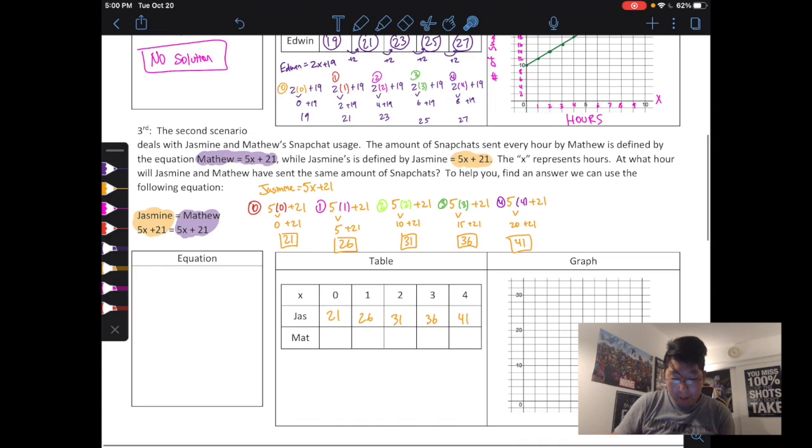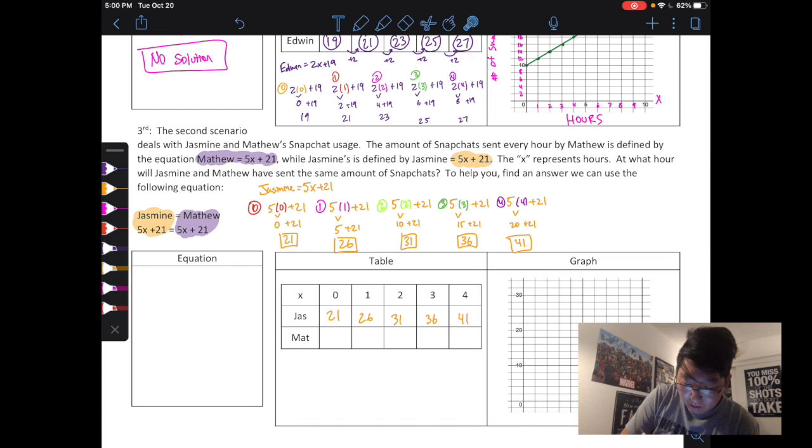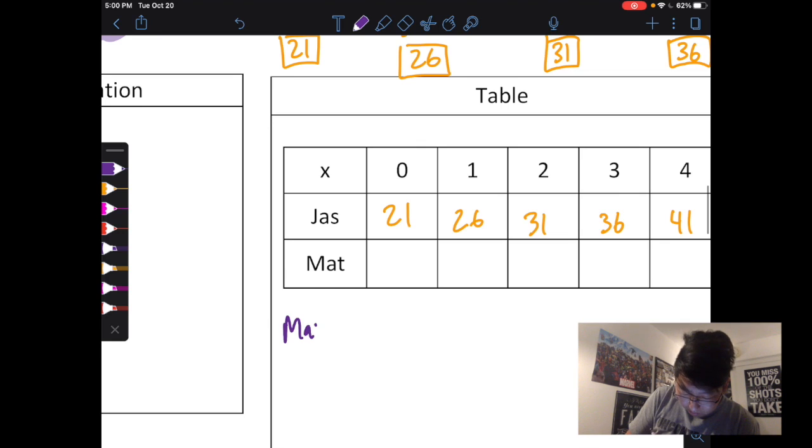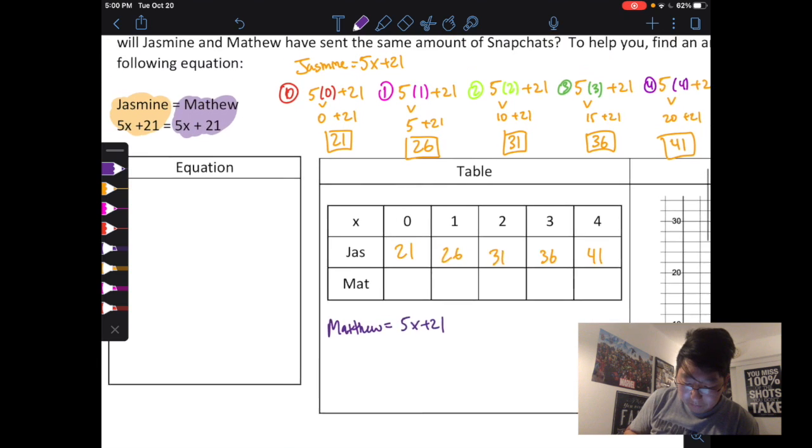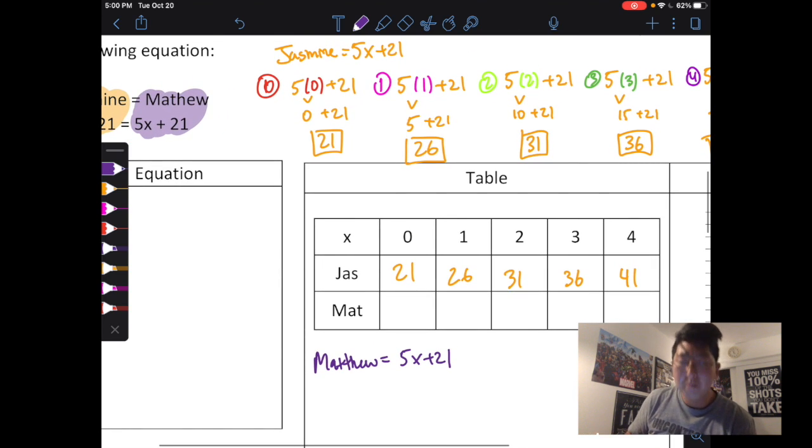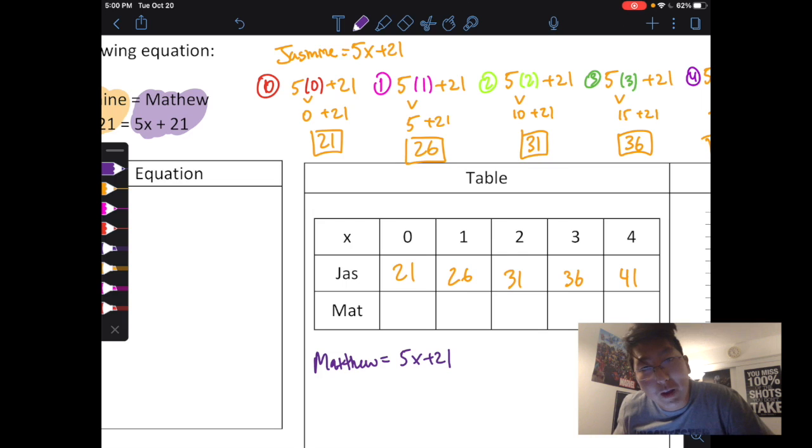Okay. Let's go ahead and fill out Matthew now. I'm going to do that in purple. Matthew equals 5x plus 21. Hopefully you notice Matthew and Jasmine have the same exact equation. That means that when we plug in the same numbers, we're going to get the same exact numbers.